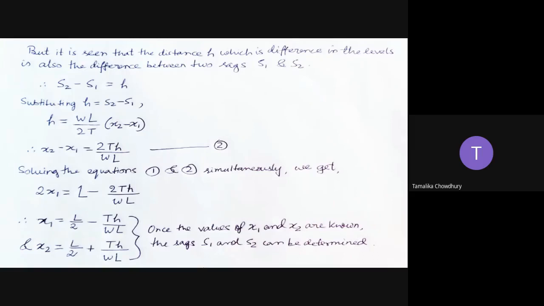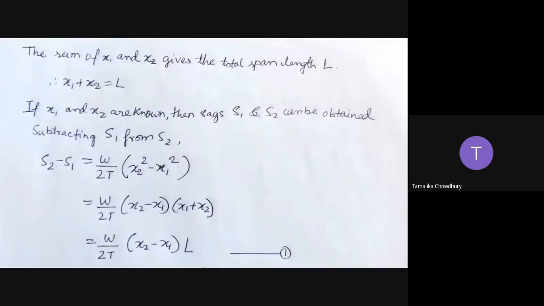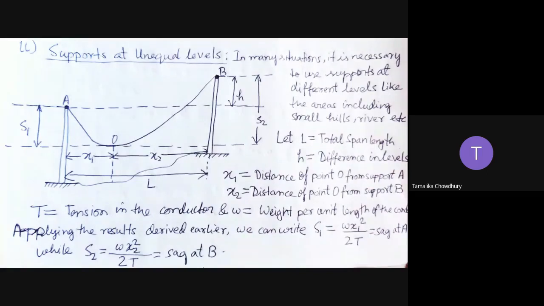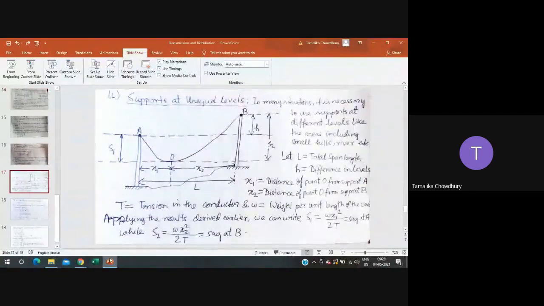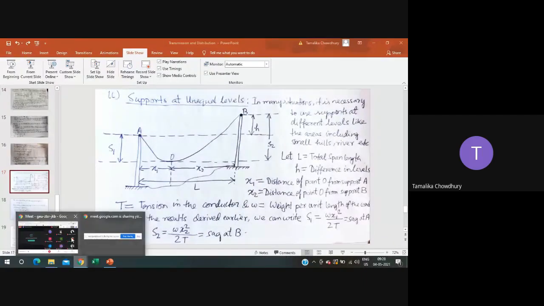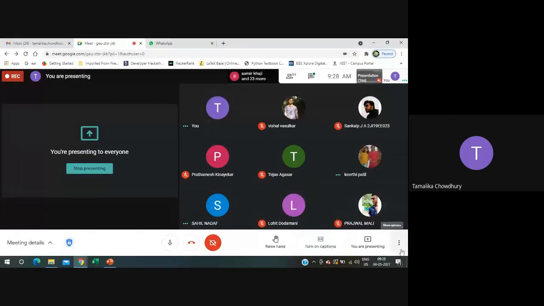So today I'll be sharing the notes, and next we will go through the notes of the sag derivation, both equal and unequal, because mostly unequal comes in problems, so definitely it is going to be unequal. So I'll just finish up. Okay, students, I'll leave. You can also leave.